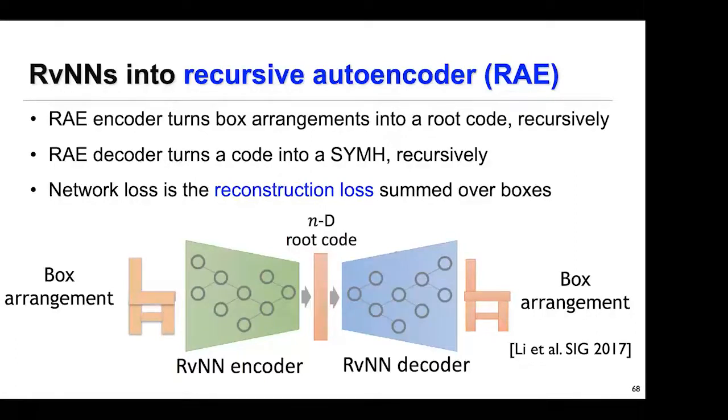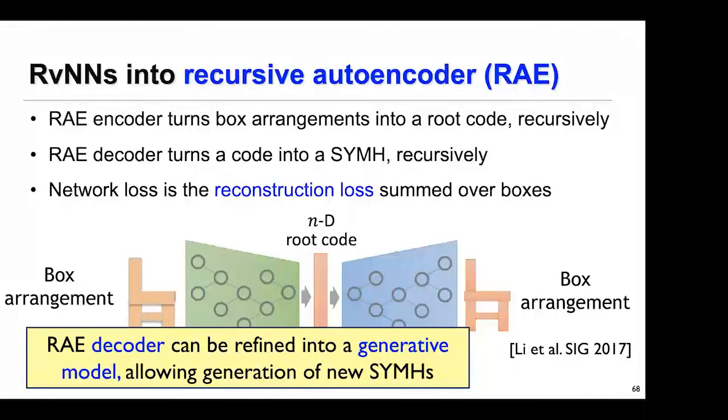So this autoencoder is going to take a box arrangement as input, and the encoder is going to produce a root code with a fixed dimensionality. And then the decoder is going to take that root code and is going to construct a hierarchy. And at the end, we hope that the reconstructed hierarchy is going to approximate the input hierarchy. And the reconstruction loss is just summed over the boxes in terms of their spatial locations.